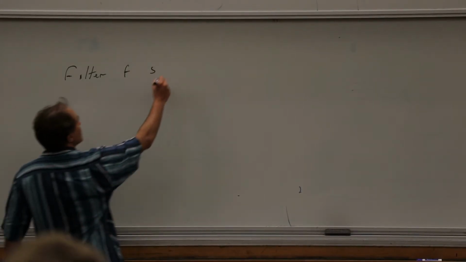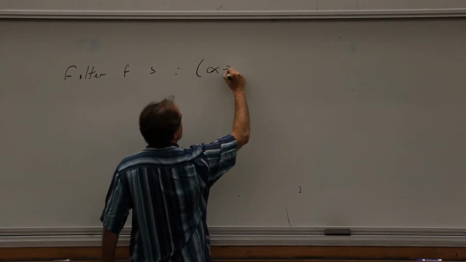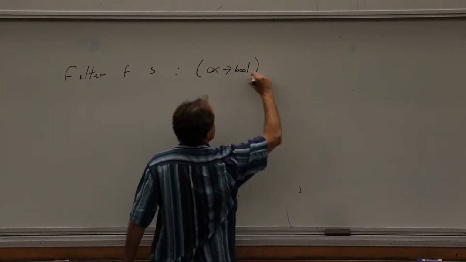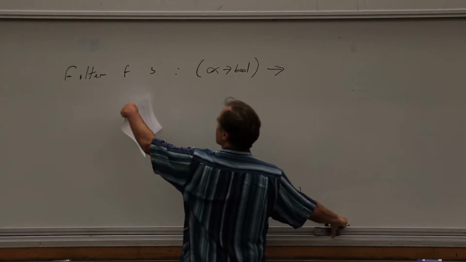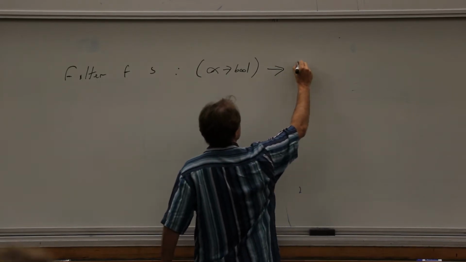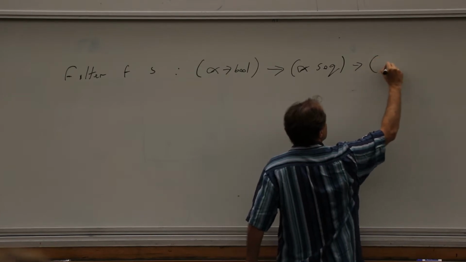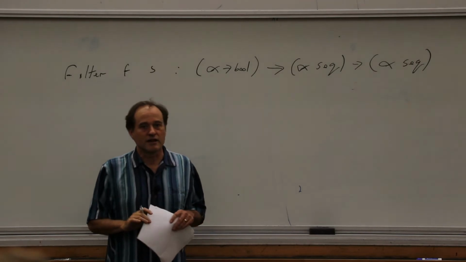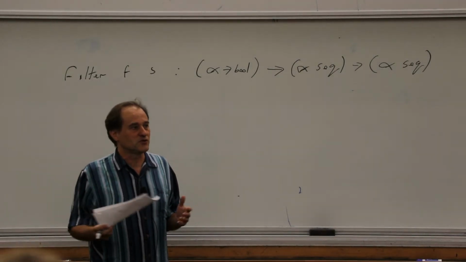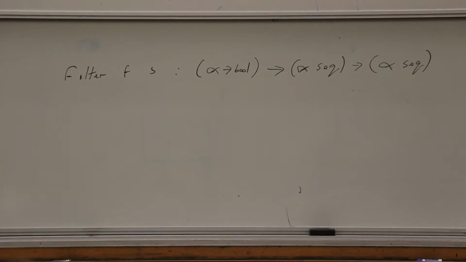Okay, so if we write down the type, the Boolean function is some function from alpha to Boolean, true or false, and then it takes the sequence, which is an alpha seq, and it returns an alpha seq. Okay. So has anyone here not seen filter in some form before? Okay. So the question is, how do we implement this efficiently?